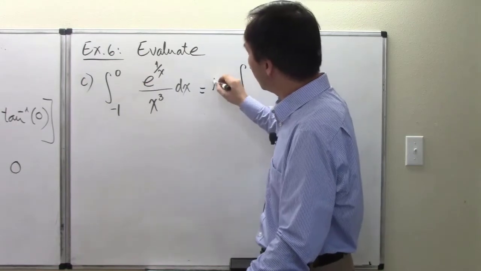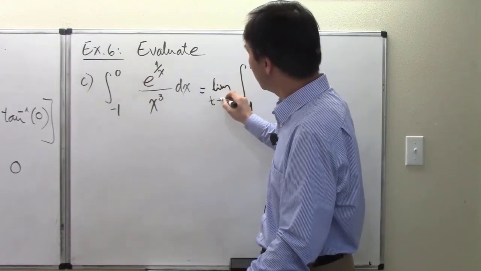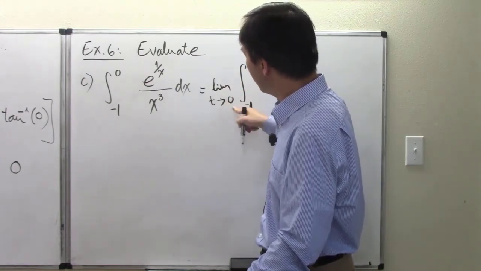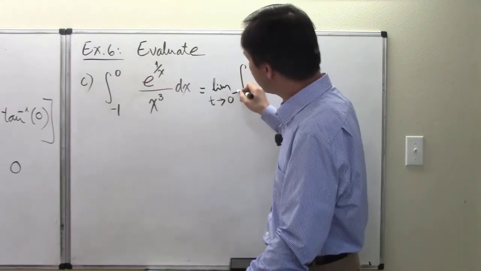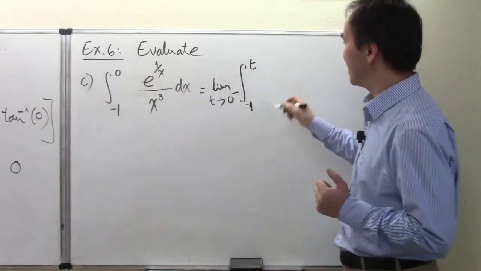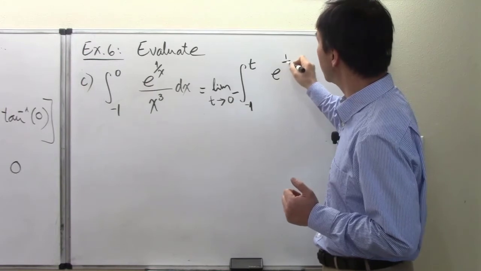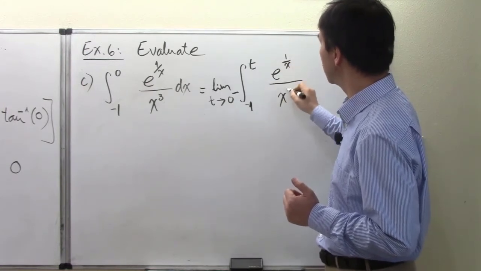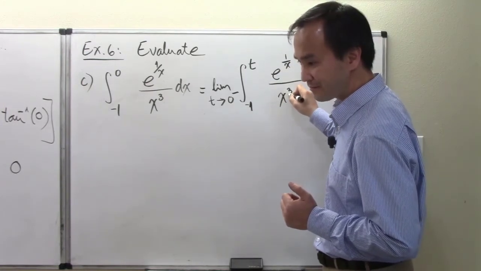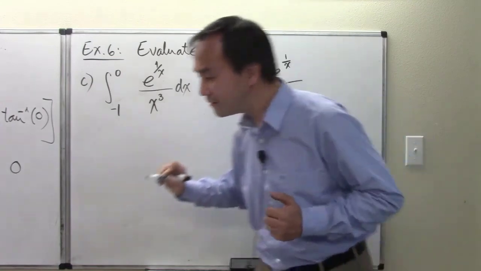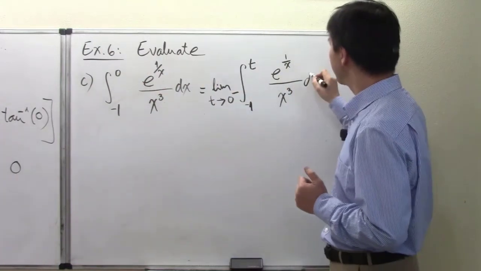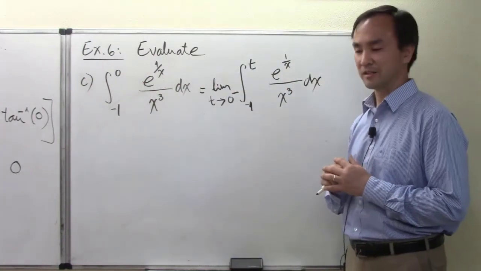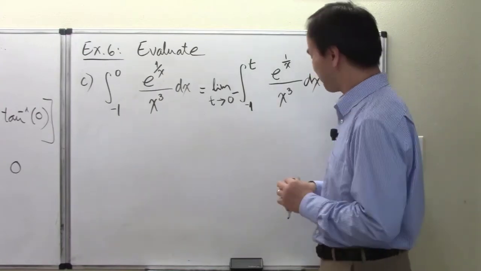But now I'm going to let the limit of t go to the upper limit there, but from the left-hand side. Okay, and now we're doing e to the 1 over x cubed. And that's the limit setup that we're doing.